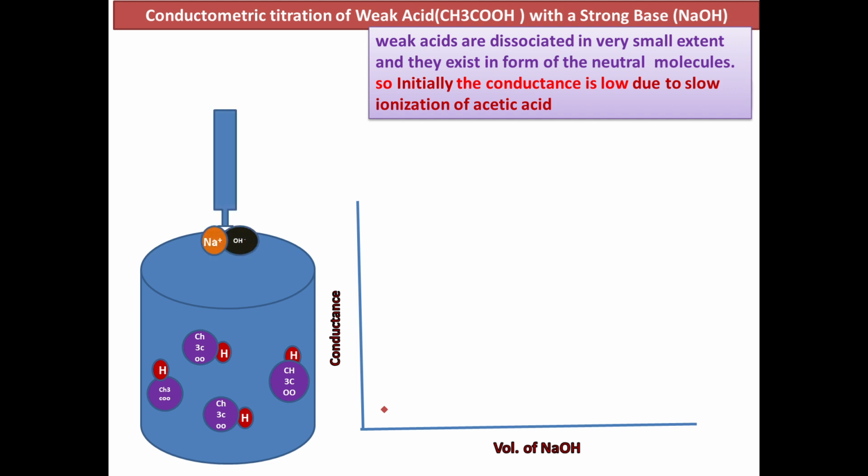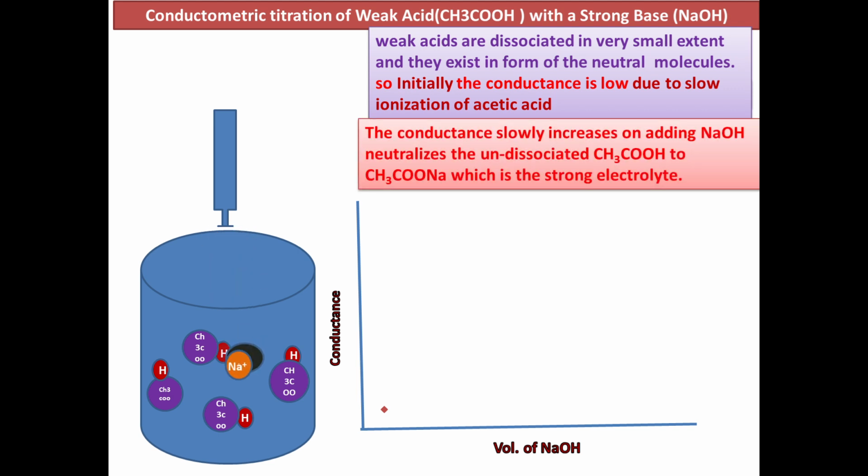As you add NaOH into the solution, a neutralization reaction takes place. OH minus and H plus react to form H2O, and there is a formation of salt known as CH3COONa, that is sodium acetate, which ionizes into the water as Na plus and CH3COO minus. It is a strong electrolyte, so it ionizes into the water.